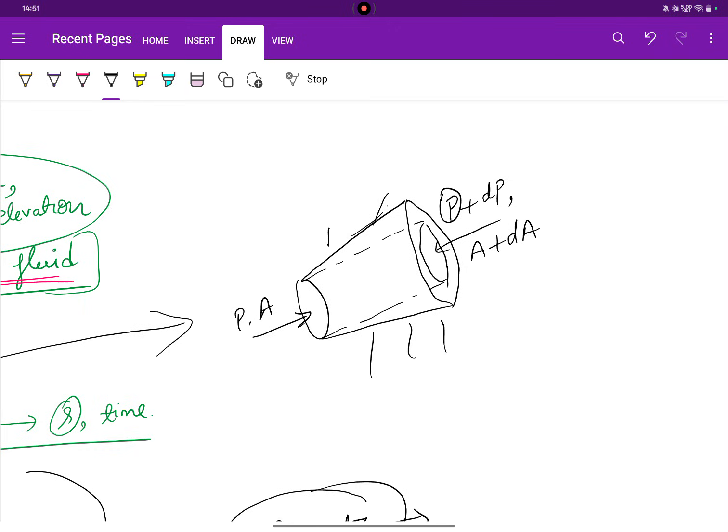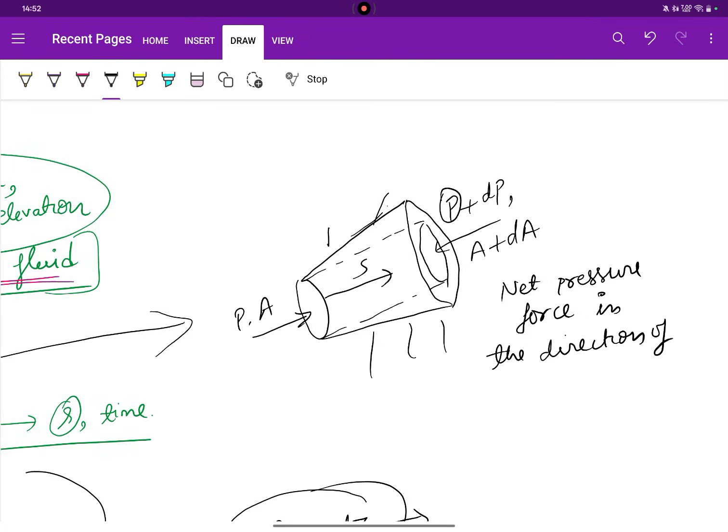So what we have to understand is we have to find out the net pressure force in the direction of the streamline, which is s. So what we can do is it would be like final minus initial. So the effect of P we can neglect from the beginning, since it can be subtracted.